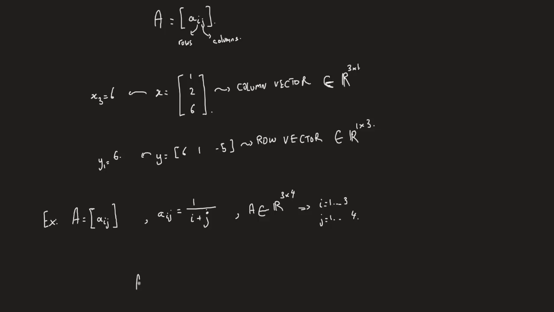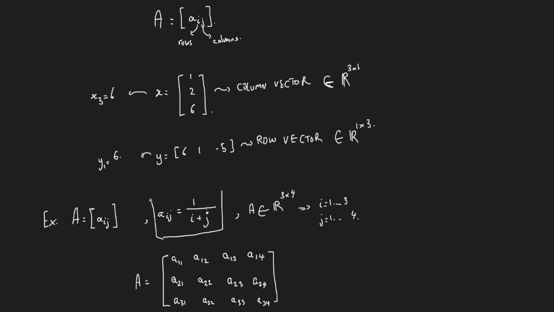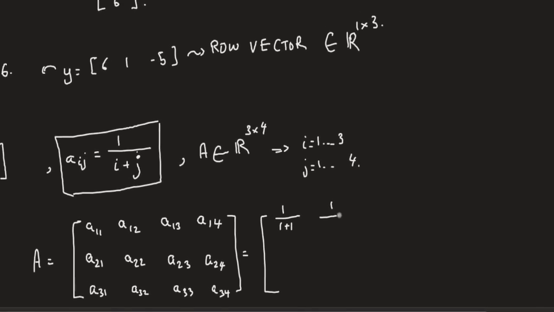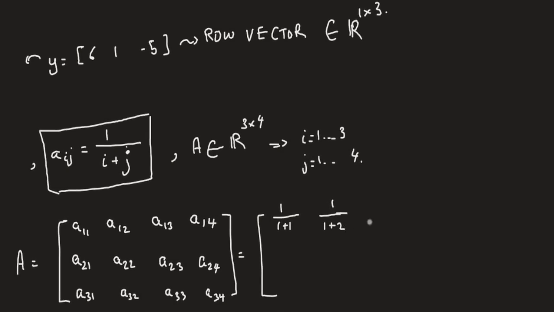So if I want to fill in my matrix A, it should look something like this, a_11 down to a_34. So using this formula, we can fill in the matrix. So a_11 would be 1 over 1 plus 1, which is 1 over 2. a_12 would be 1 over 1 plus 2, which is 1 over 3. a_13 would be 1 over 1 plus 3, which is 1 over 4, and so on, right?